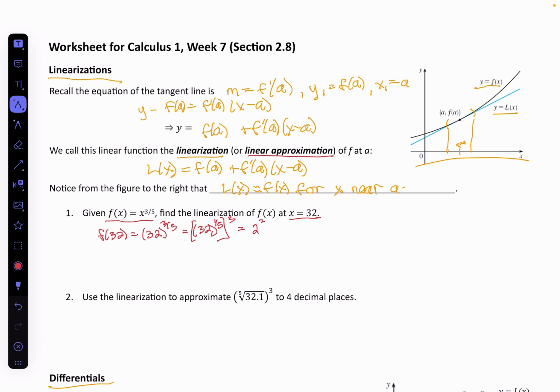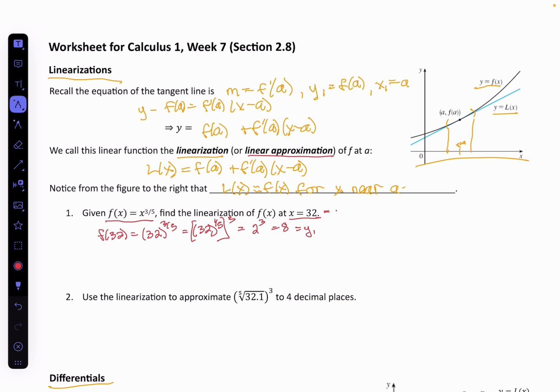So now we have 2 cubed, and that is 8. So x equals 32 is one of the few values that we can substitute into x to the 3/5 and fairly easily get an exact value. So we have what our y value is. This is our y1 value.